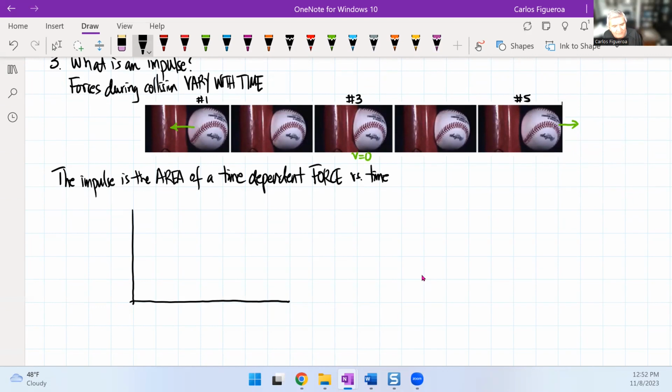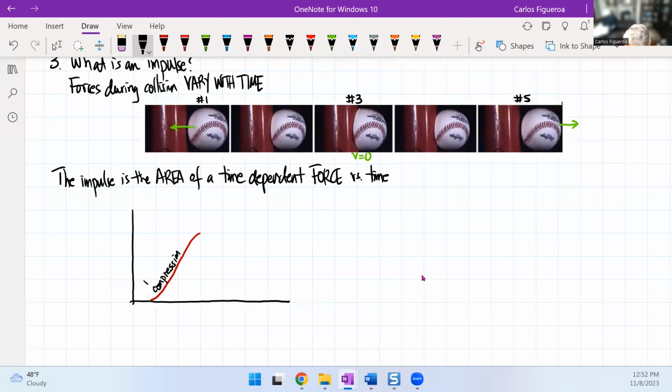Now, remember what I said here. These curves are typically not symmetric like this. So I could have an impulse that looks very smooth like this, but they're typically not smooth. And during this time here, the ball is going through states of compression.